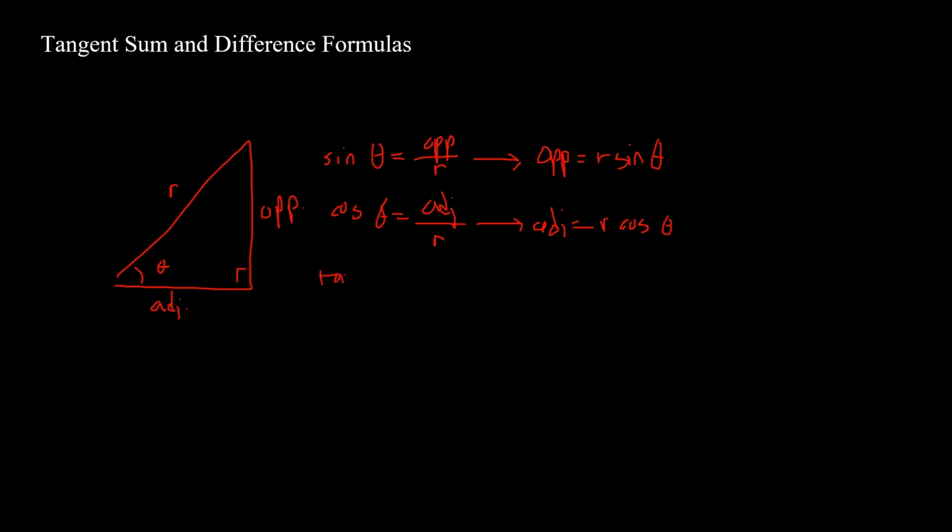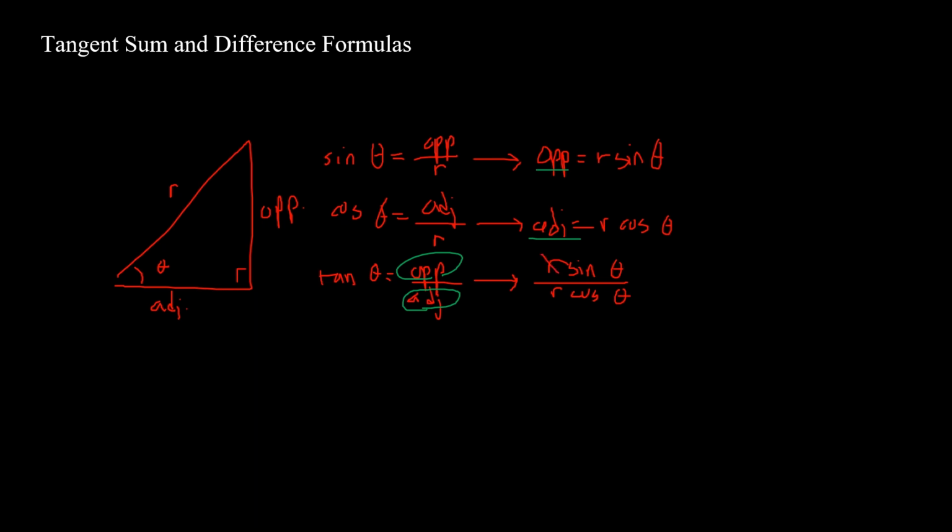Now tangent theta, as you recall, is going to be equal to op over adjacent. And we can just plug in the values that we got for op and adjacent into opposite and adjacent over here as well. So we get that tangent of theta is going to be equal to r sine theta over r cosine theta.